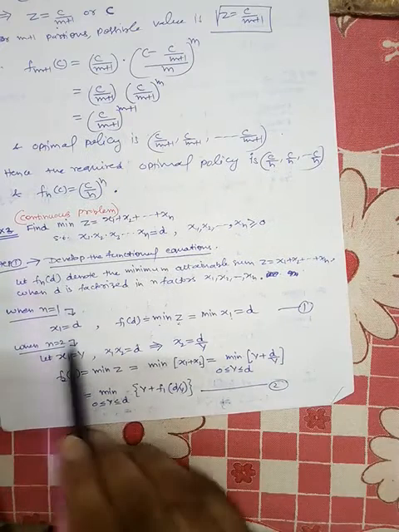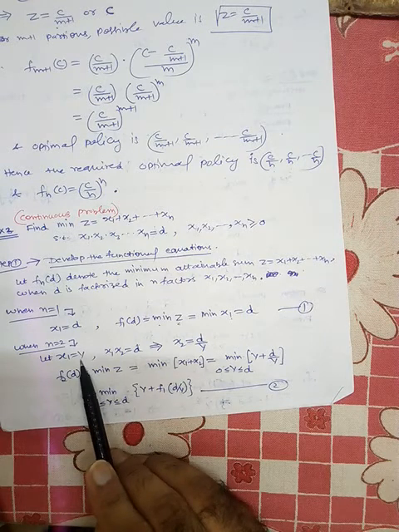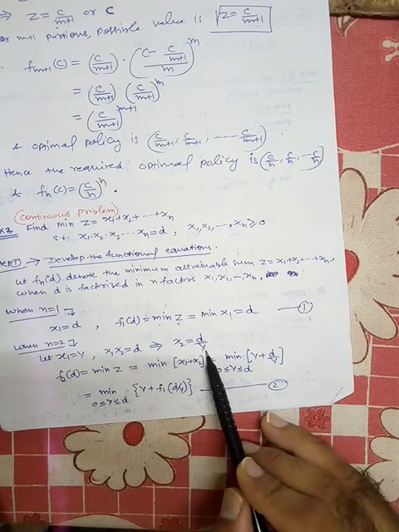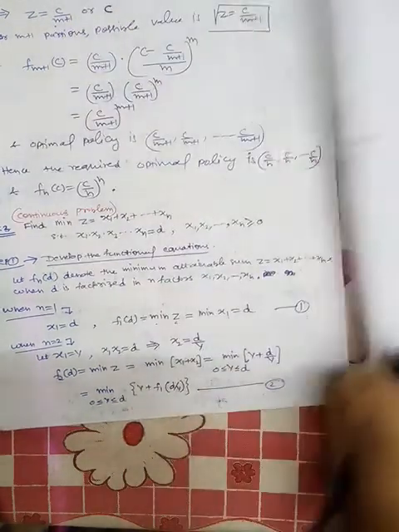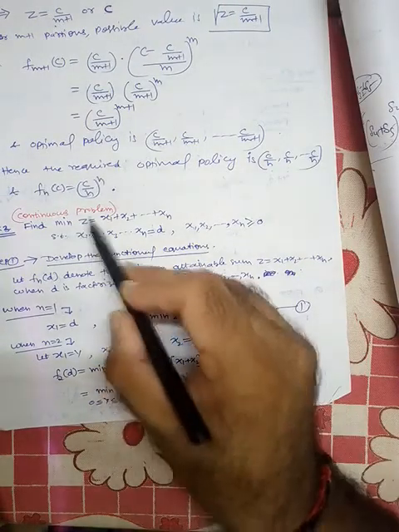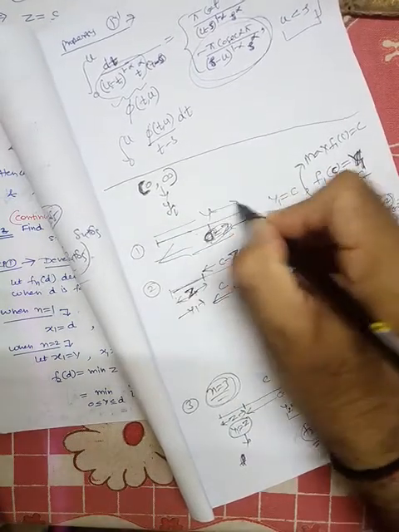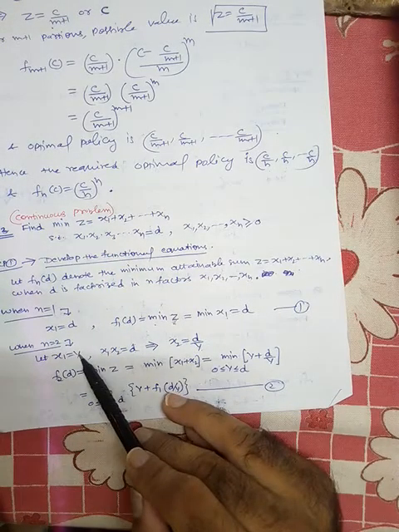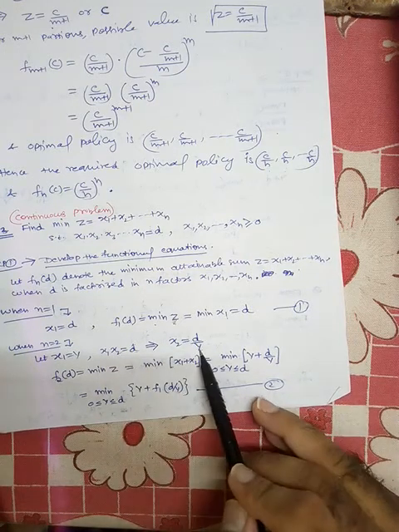Now when we are taking two partitions, suppose x1 is represented by y and the product is d, then obviously x2 will be d by y. ठीक. क्योंकि हम यहाँ z का इस्तेमाल कर रहे हैं ऑब्जेक्टिव फंक्शन का, so here the variable quantity is denoted by say y. तो x1 को y दे दिया, तो x1 x2 का जो प्रोडक्ट है, क्योंकि वो d के बराबर है, तो यहाँ से x2 निकल जाएगा, d upon y.